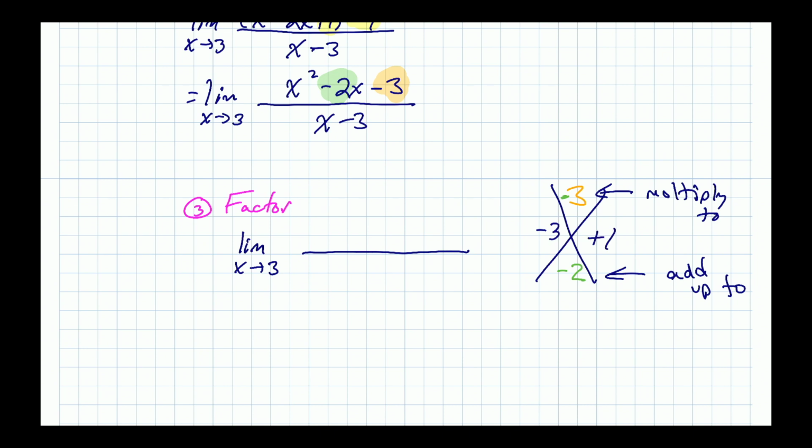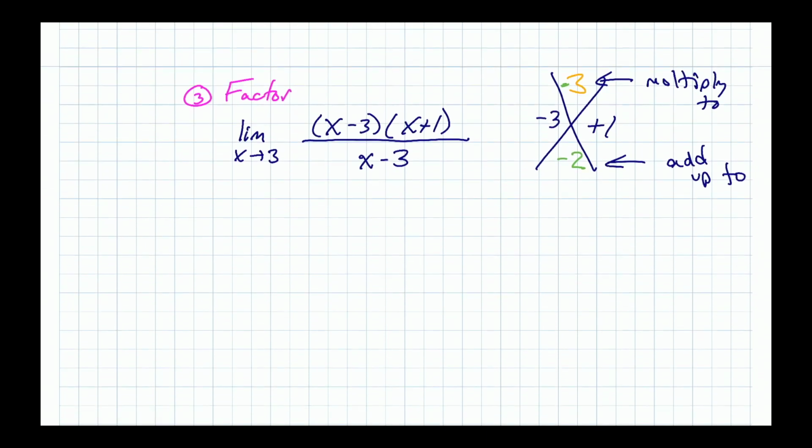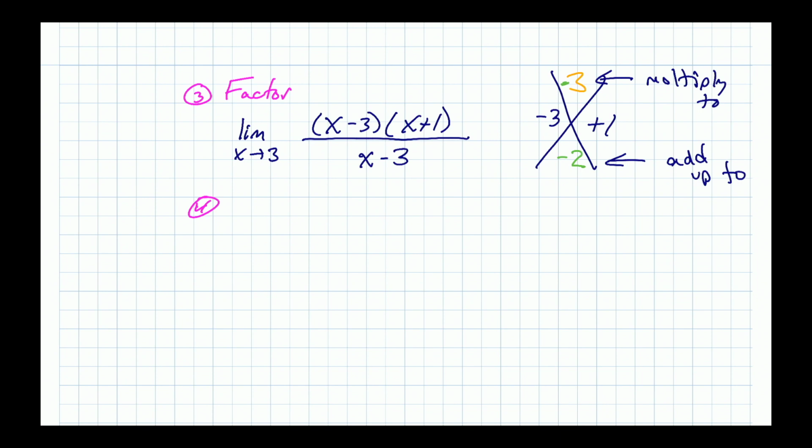If you multiply those, you get -3. If you add them up, you get -2. And together, that tells you that the top is going to factor into x minus 3, x plus 1. And in the denominator, nothing to do. So we just rewrite it. Okay? So we factored.